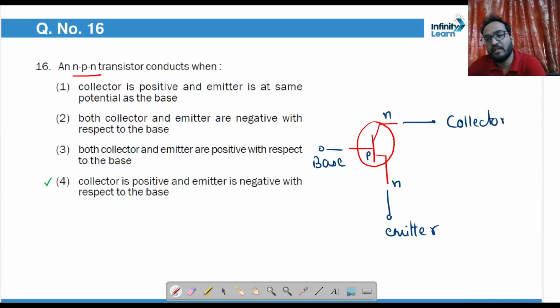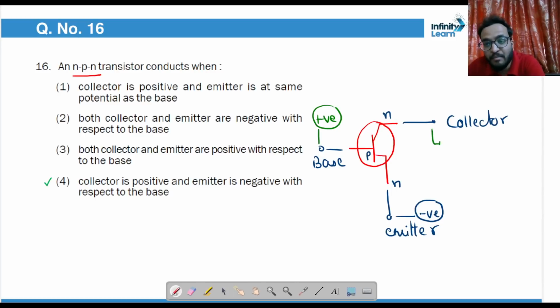Now what you want is this end, that is emitter base, to be forward biased. So n should be connected with a negative terminal and base should be connected with a positive terminal. Now you want the base collector junction to be reverse biased, so the collector should have a higher potential. N should have a higher potential in order to make it reverse bias, and n should have a lesser potential in order to make it forward biased.